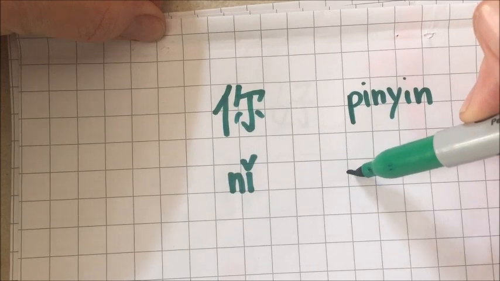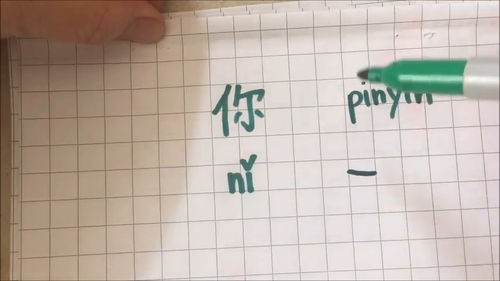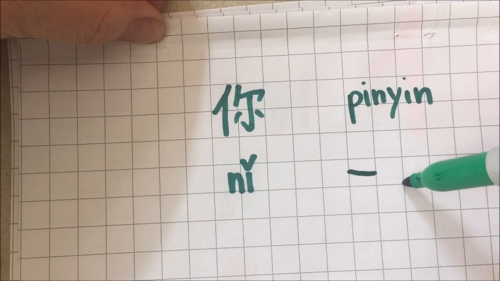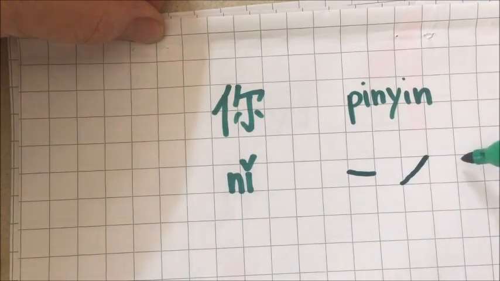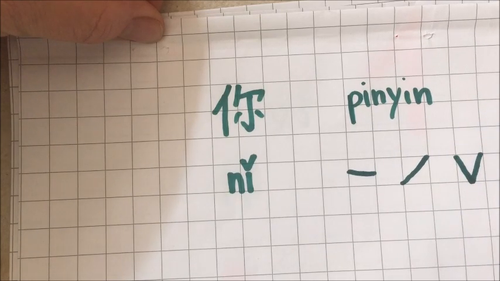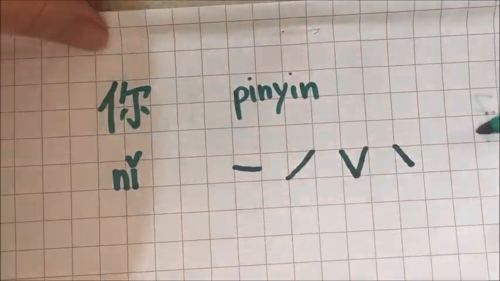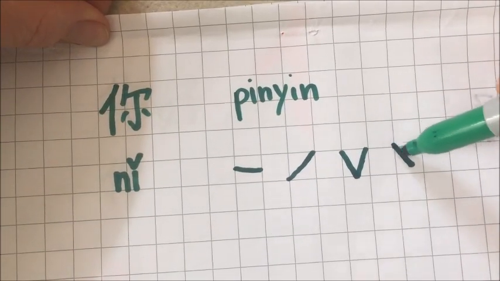Accent number 1 is a straight long sound. Accent number 2 goes from the right, is a rising sound. Accent number 3 goes down and then back up, and the accent number 4 goes from a rising sound goes lower.